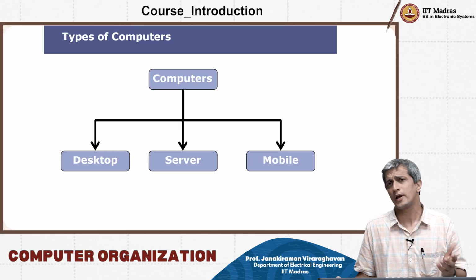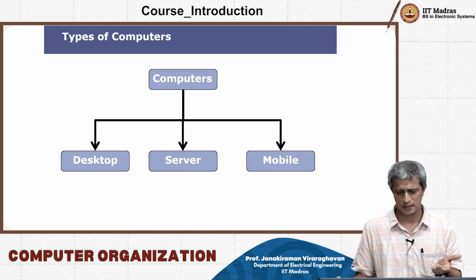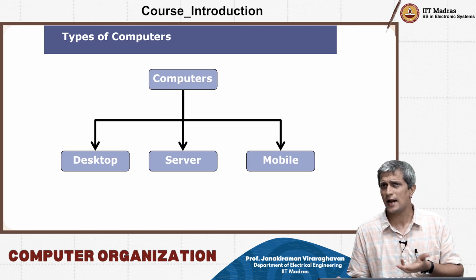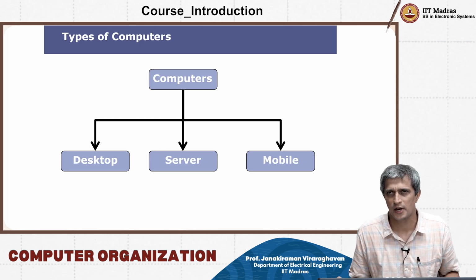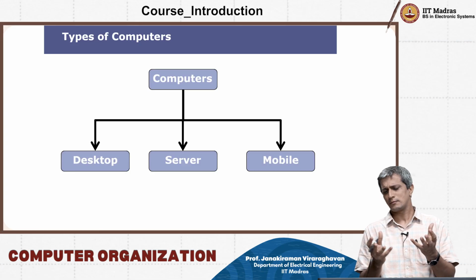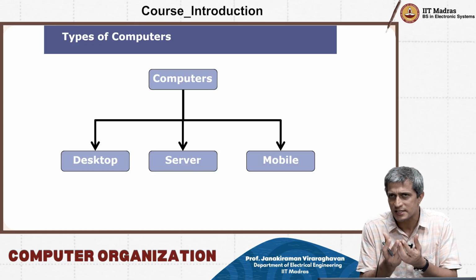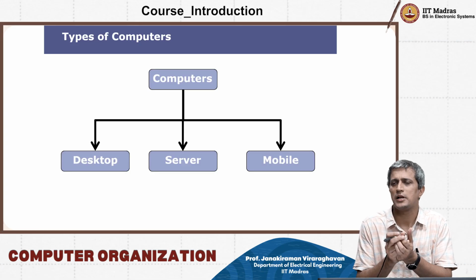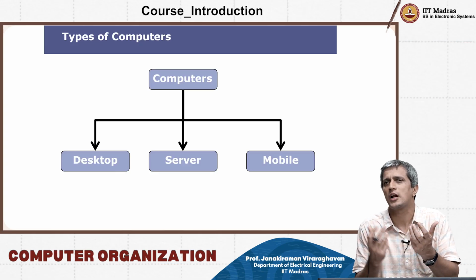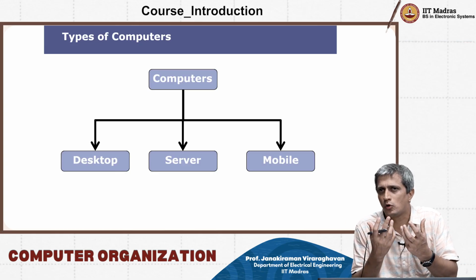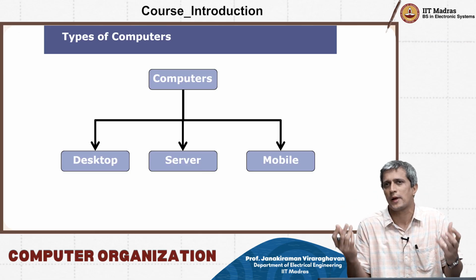So computers today can typically be classified as desktops, servers, and also mobile processors, right? Each of these will be fundamentally very similar in its operation, but they are optimized for different kinds of performance parameters.